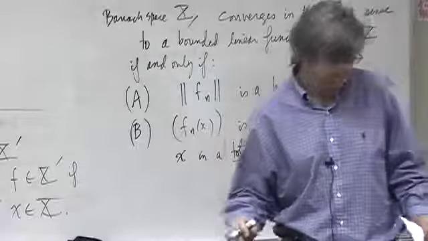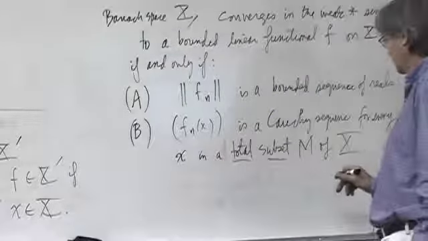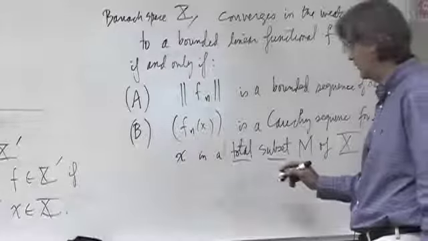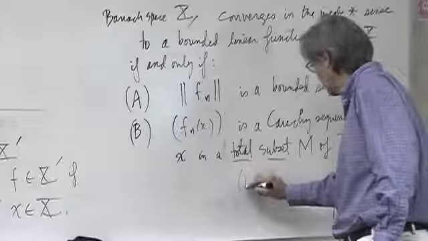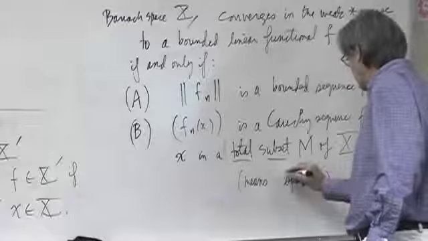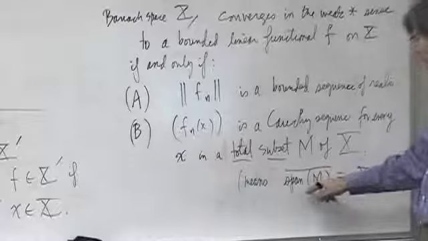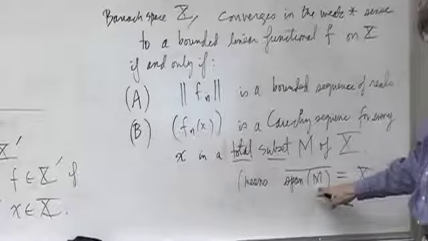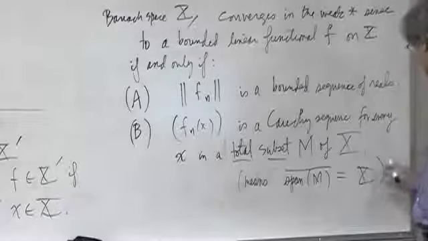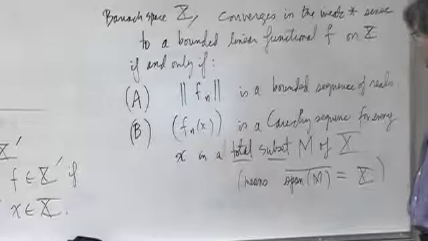Remember, a total subset is a set such that if I take the span of that and then take the closure of the span, I get all of X. That means the closure of the span of M equals X. So I've got something that may not have a linear structure itself, but when I make it into a linear structure by taking the span, then that's dense. Alright, so I have to have Cauchy on a dense subset, roughly speaking.